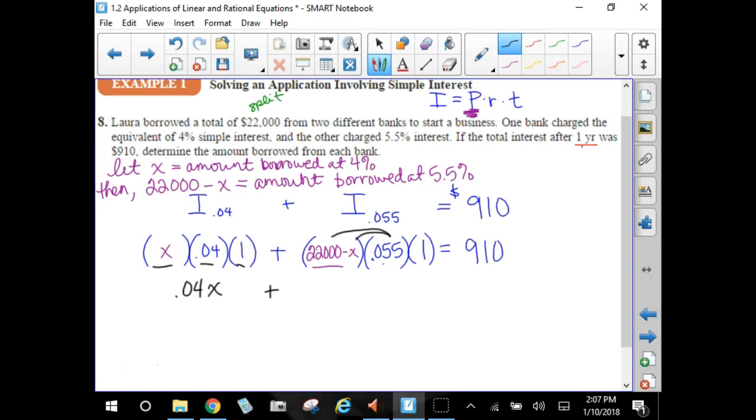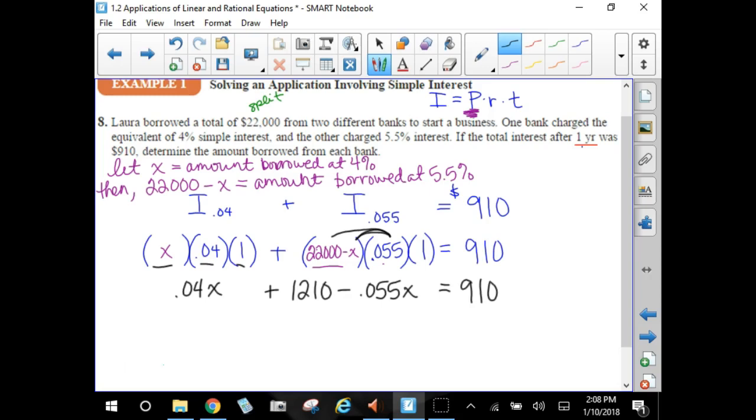When we take 22,000 times 0.055, on your calculator you have 1,210 minus 0.055 times X, which is 0.055X. Bring down the equals and the 910.